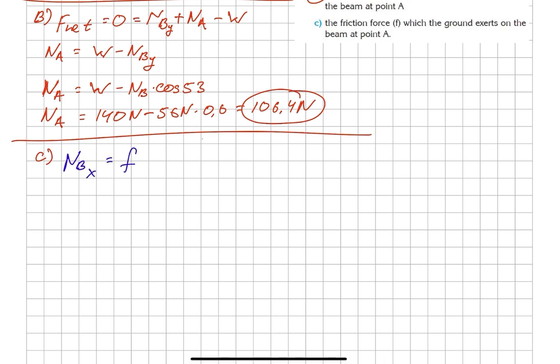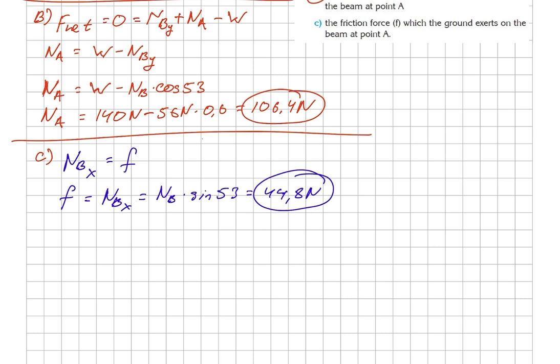Now let's define NB by X. It will be equal to NB times the sine of 53, which is 56 times 0.8, which is equal to 44.8 newtons. And this is the answer.